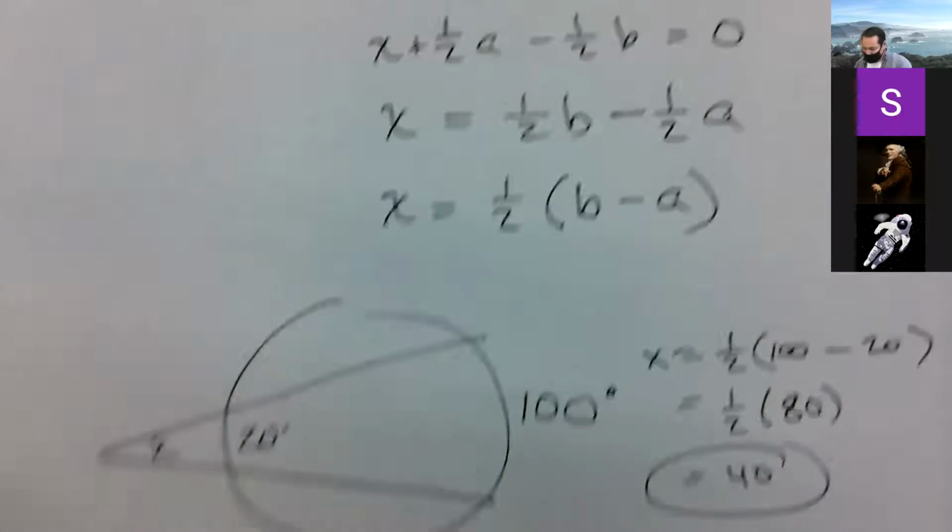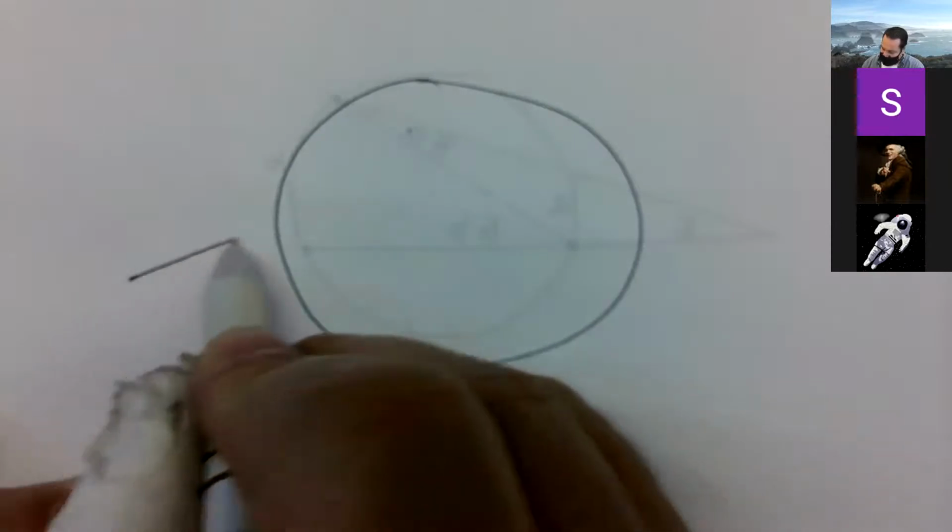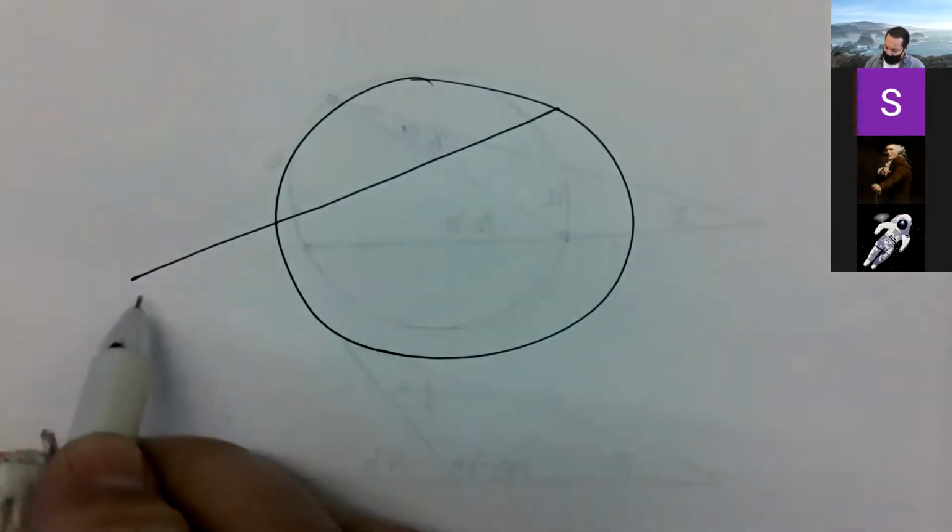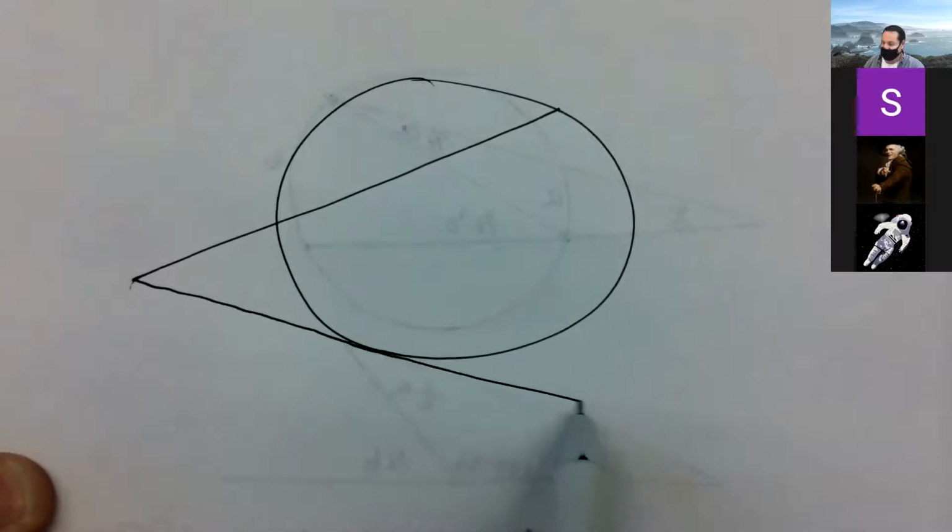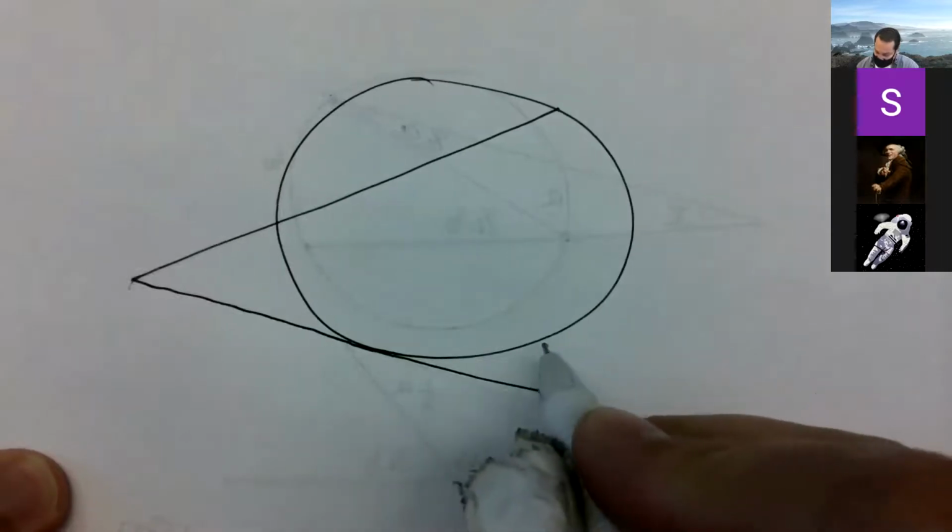So that's the first one of this style. The second one is, what if in addition to this secant over here, I bring a tangent into the game? Well, it turns out we can do this exactly the same way.